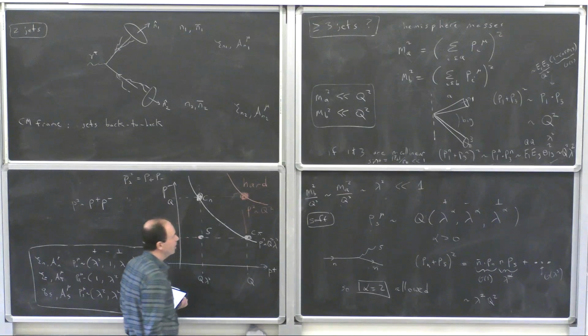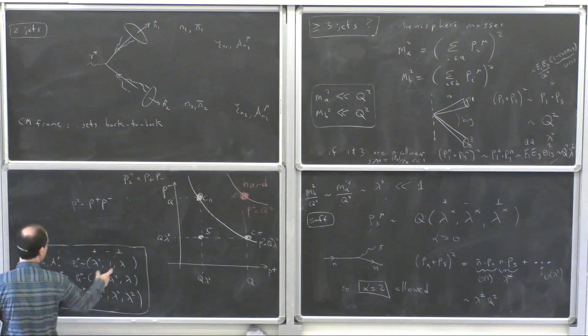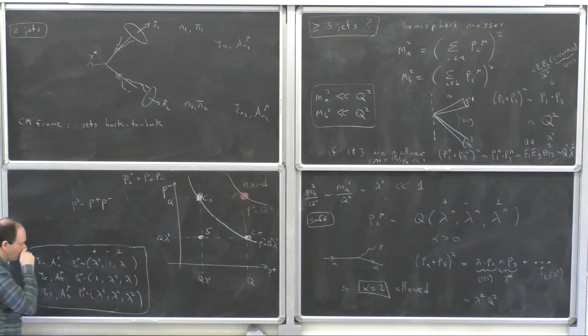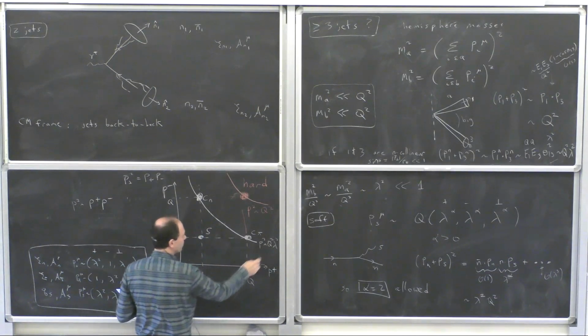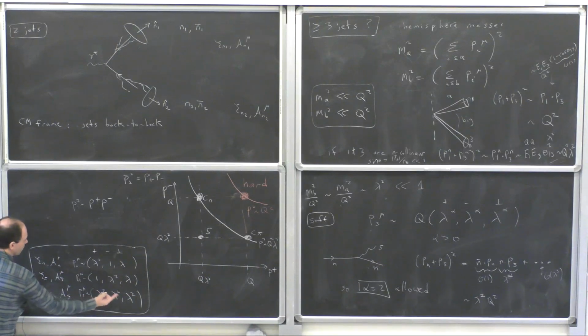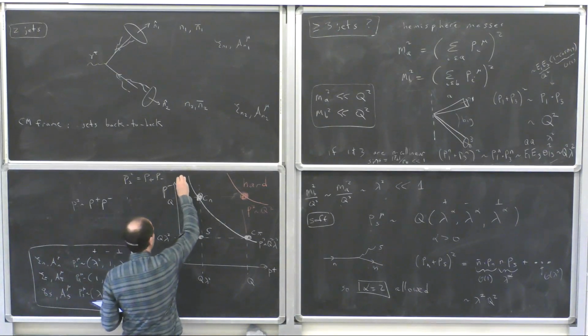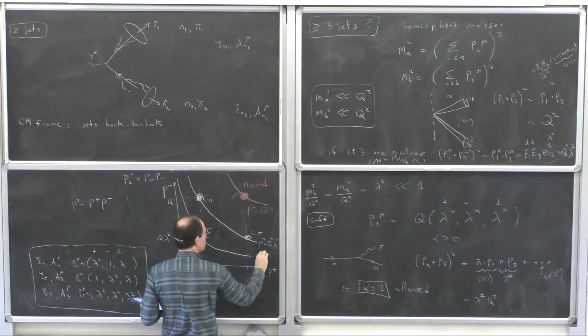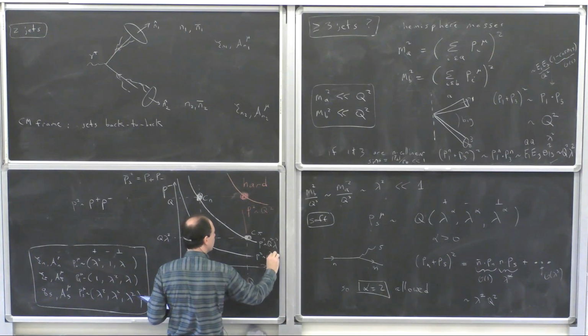Okay, if I square one of these here, I get plus times minus, that's order lambda squared, or I get perp squared, that's order lambda squared. So this is order q squared lambda squared. And then this one down here, if I square it, well, it gives lambda 4, so it lives on a different hyperbola. Q squared lambda 4.